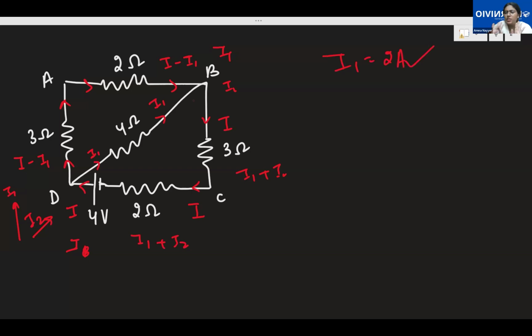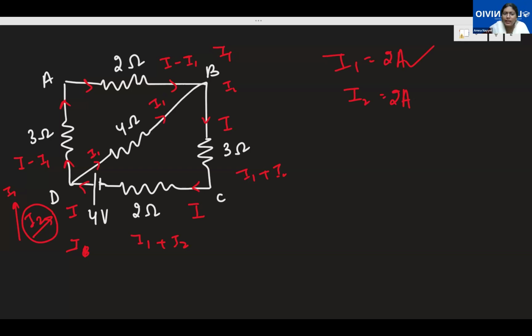So Halima, what did you take? You took this as I2, the same wire, the same branch. You took it as I2 because you have the free will. You don't know whether to take I1 or I2 or anything specific. So your I2 should be equal to 2 ampere. Got it? Your branch's current should match.